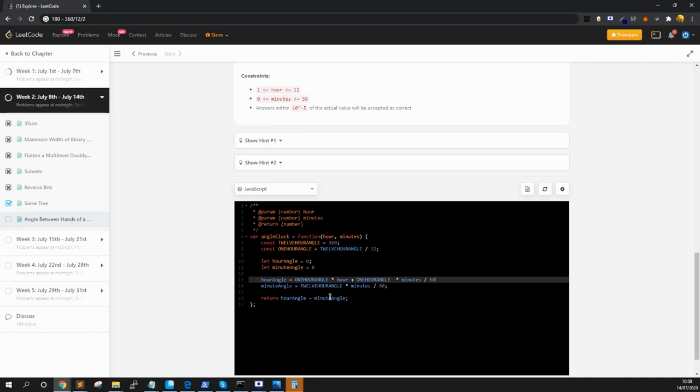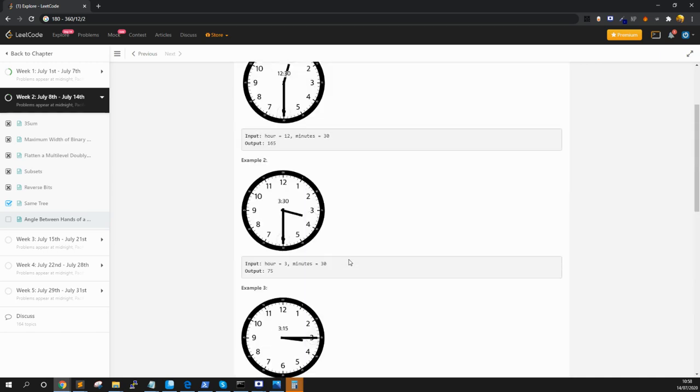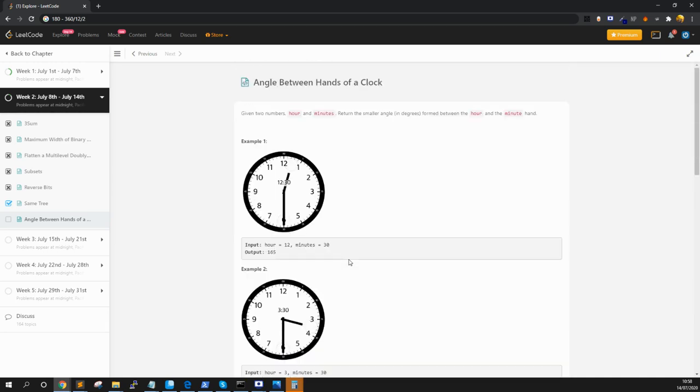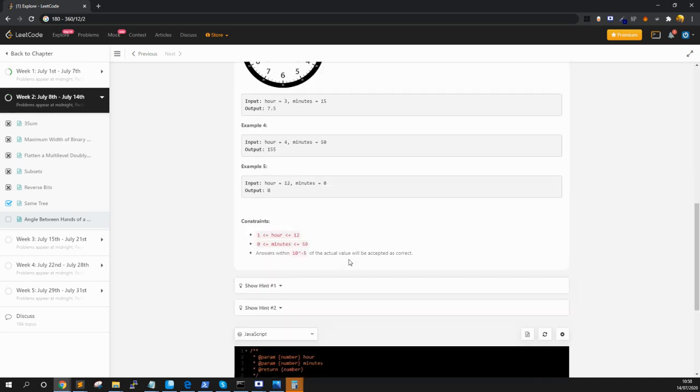So let's take the example of the top one, which was 12:30.